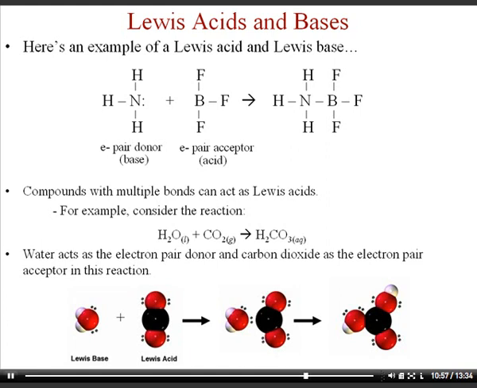The hydrogen on the water actually drifts over to one of the other oxygens as well. But you can see that in the third picture right here, you have this electron pair that has been donated from the water to the carbon. So water is the electron pair donor, so Lewis would classify it as a base, and the carbon dioxide molecule would be accepting the electron pair, and so it's the Lewis acid.